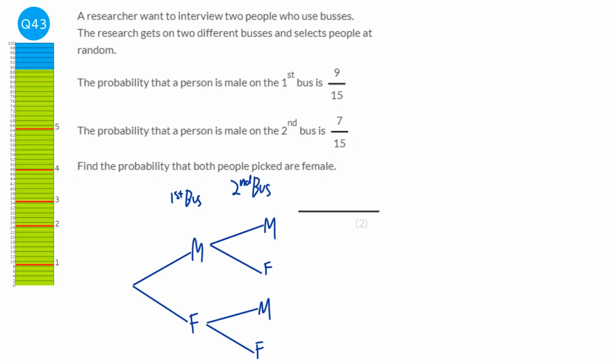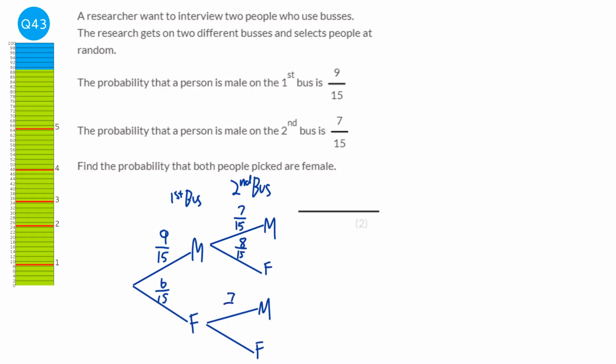So the probability of male on the first bus is 9/15. And therefore the probability of female is 1 minus 9/15, which would be 6/15. Male on the second bus is 7/15. And so female would be 8/15, because they need to add up to 1.